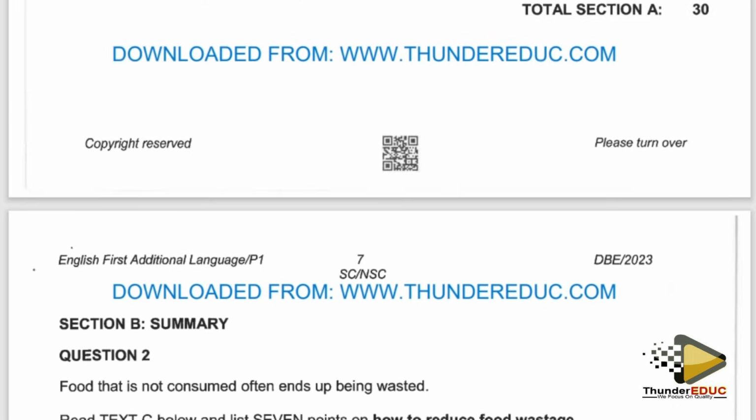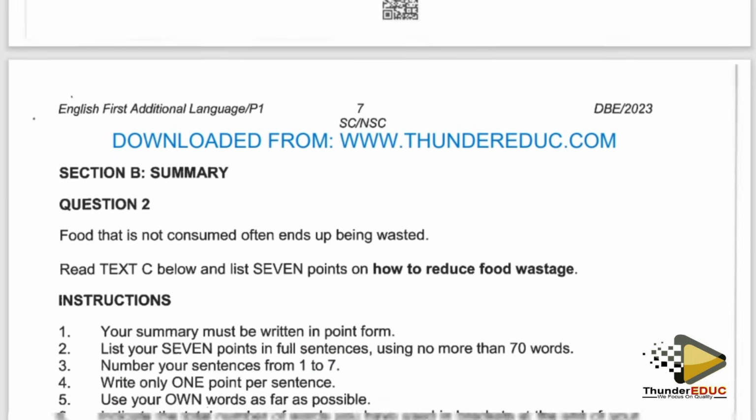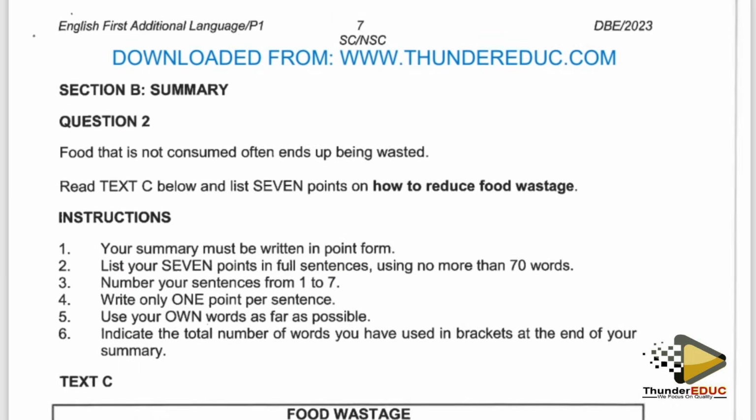Okay, we're going to section B, which is our summary. Our summary is always going to have a passage, a text, and therefore we're supposed to list 7 points on what we are given. Now, it says, question 2, food that is not consumed often ends up being wasted. Read text C below and list 7 points.